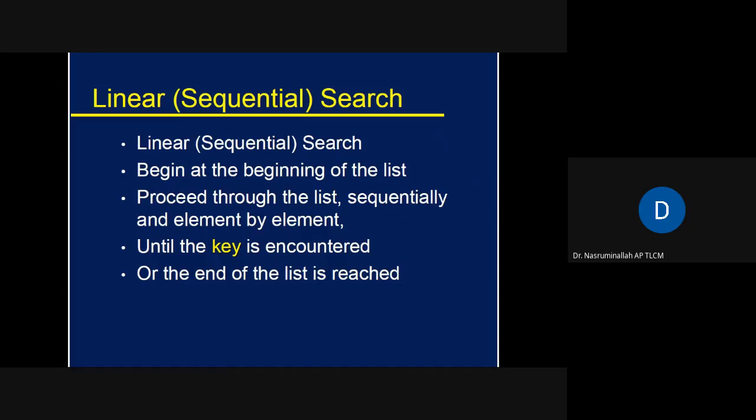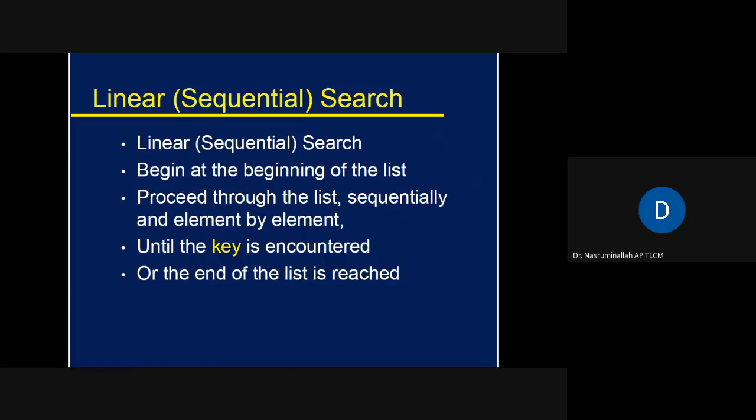Then using linear search, the basic thing you can do is to start from the beginning of the data, keep on retrieving each and every element, and keep on identifying whether it is the one that you are searching for or not. So if the element you are currently visiting is equal to the element that you are searching for, then it means that you have found it. Otherwise, you keep on moving to the next and next element till you have visited all the elements.